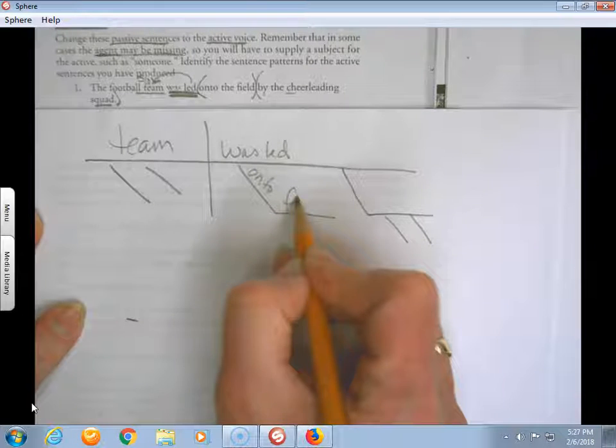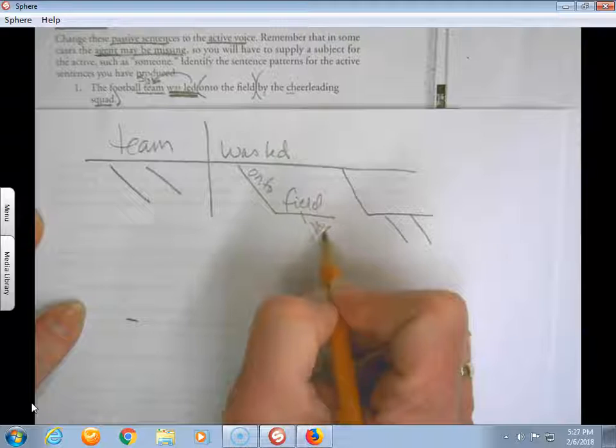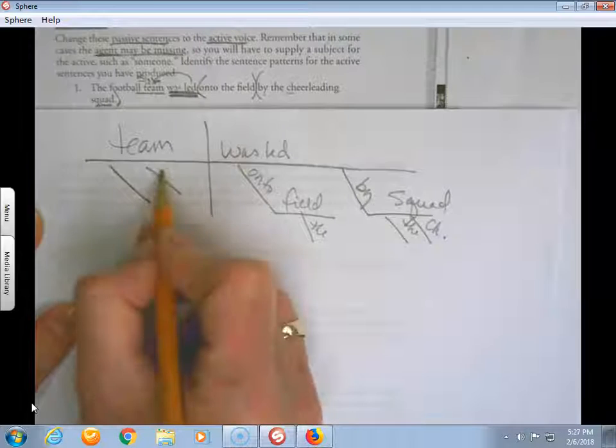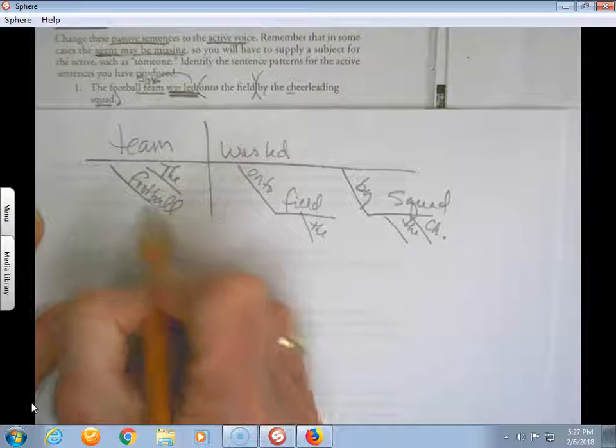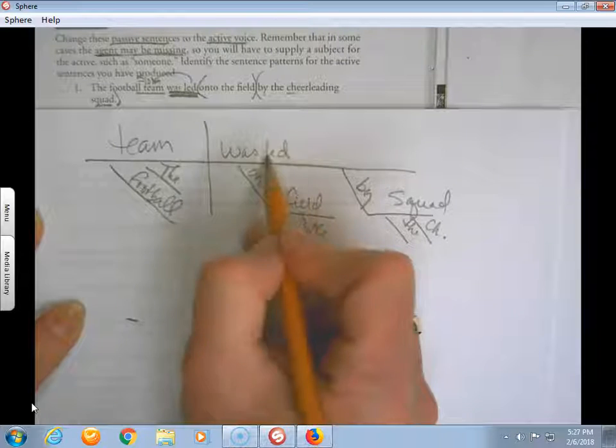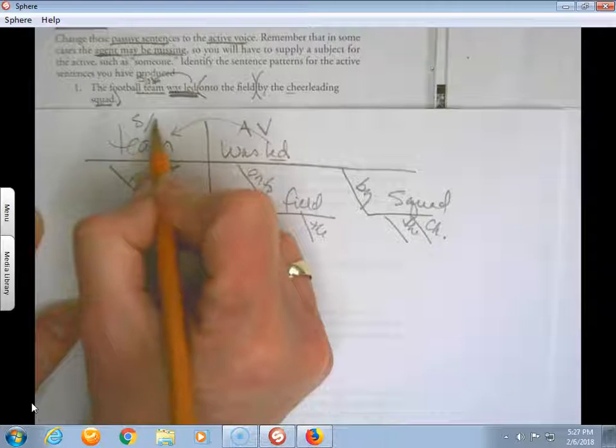Onto field, the, by, squad, the cheerleading squad, and that would be the football team. Okay, so here's our active verb, but what got led? The team. So our subject is also our direct object. That's why this is a 7P.